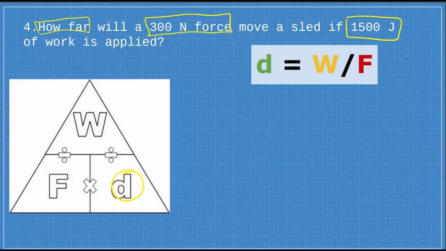So on my triangle, I'm going to cover up that D, and I'm going to see that my equation is work divided by force. Or I could look back at these notes on the front page and see that to find distance, it's work divided by force.